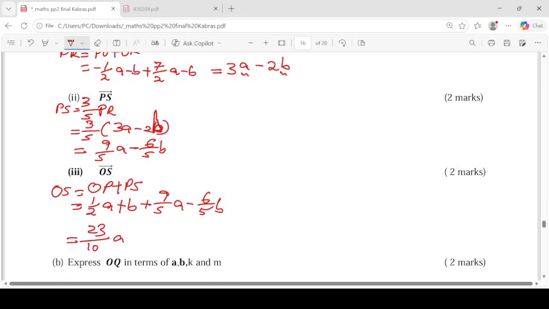Then you have B minus 6 over 5. This is minus 1 over 5B. I hope that is clear.